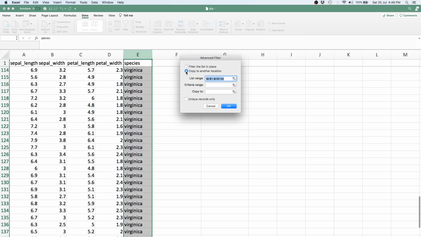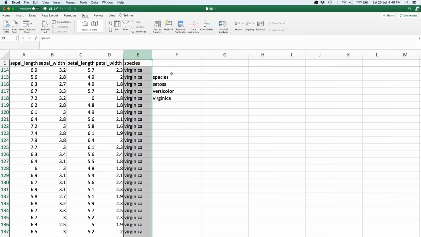So let's do that. And we say that the range is this, and I only want unique records, and I want to copy to, say, a particular cell, which is, say, F115. And when I click on OK, that's what I get. I get species: Setosa, Versicolor, and Virginica. So now I have the unique species ready under this particular column.